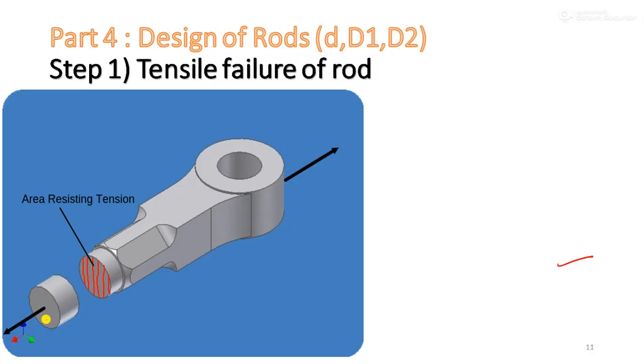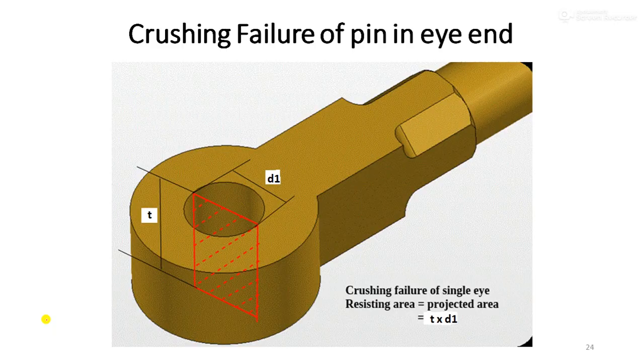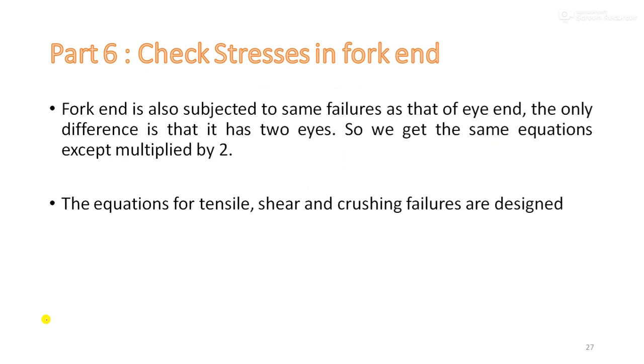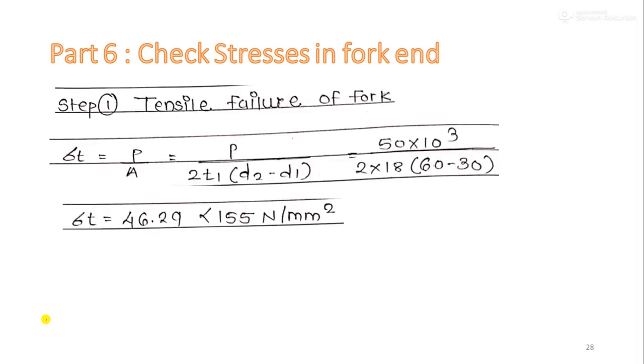Okay, so no need to do all this analysis once again, directly go for this one. First, tensile failure. What was the formula for tensile failure of the eye? Sigma T is equal to P upon area. And what was the area?